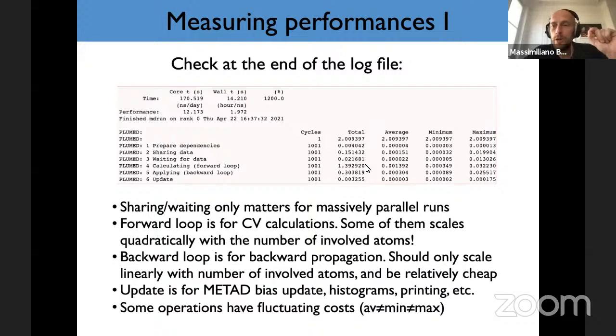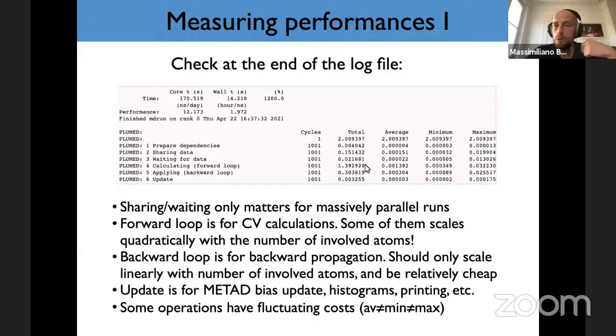And the second point is, once these are calculated, you have to apply the correct forces coming from PLUMED, the backward loop, and this is a cost that typically scales like the number of atoms involved. The collective variable might be extremely computationally expensive and scale, for example, quadratically with the number of atoms involved in the definition of a CV.